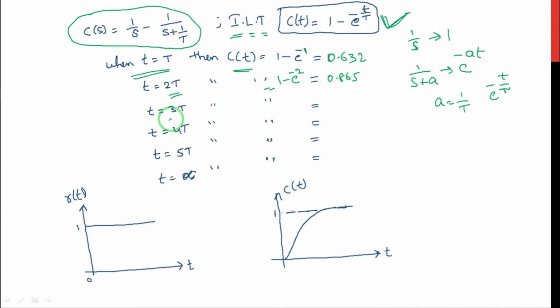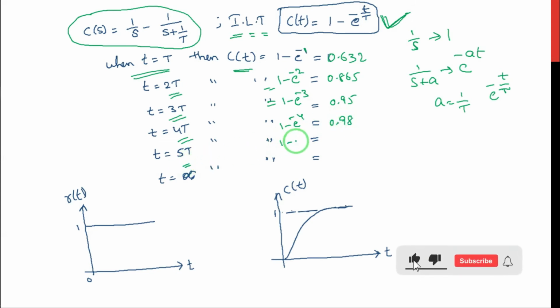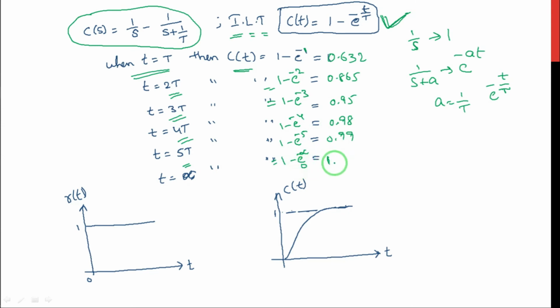Okay, when T is equal to 3T, then C of T is 1 minus e power minus 3, this is 0.95. T equal to 4T, then 1 minus e power minus 4, 0.98. T equal to 5T, then 1 minus e power minus 5, 0.99. So finally T equal to infinity, at the final value, 1 minus e power minus infinity is 0, then C of T is equal to 1.